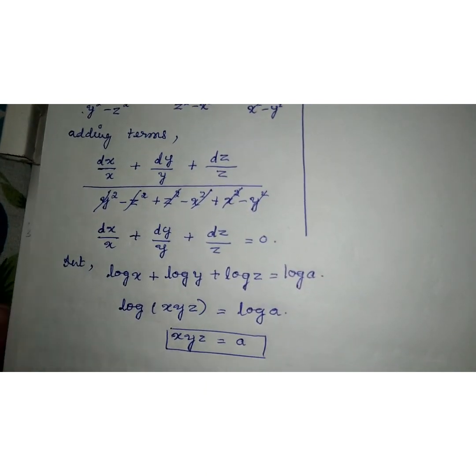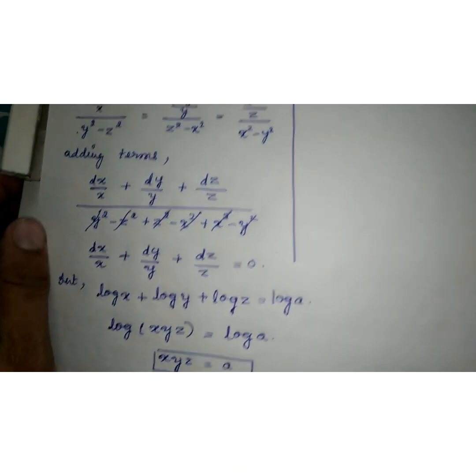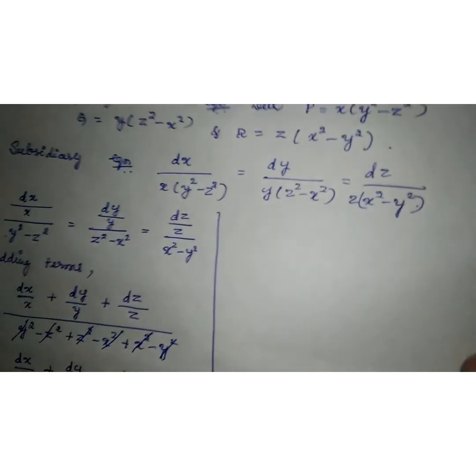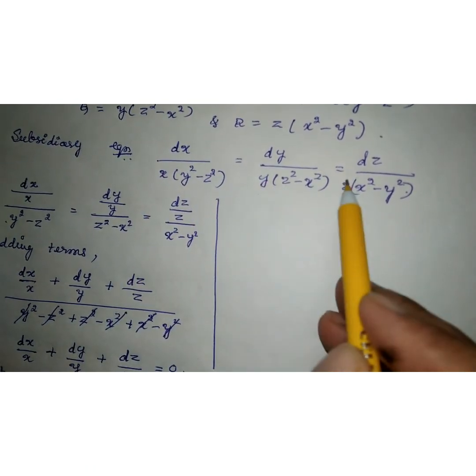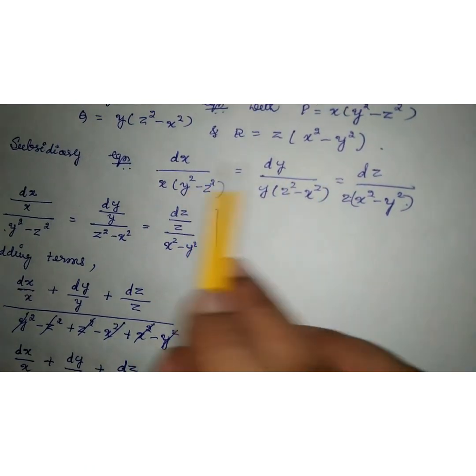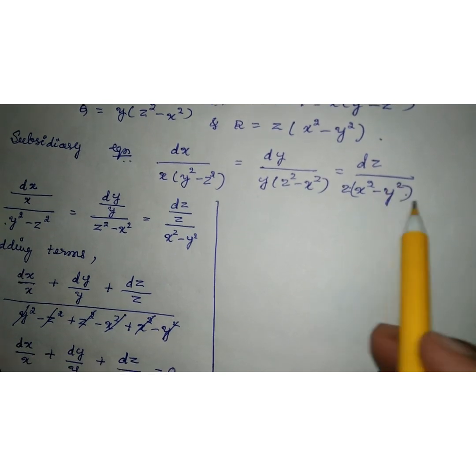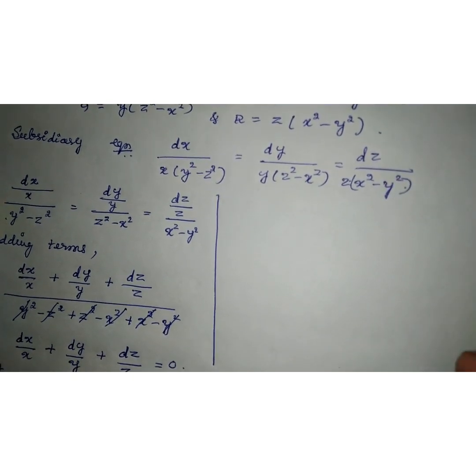Now we have to find the other solution for the same subsidiary equation. Let us do it. As I have discussed, if we get x square, y square, z square in the denominator, adding all the terms will give you another solution.